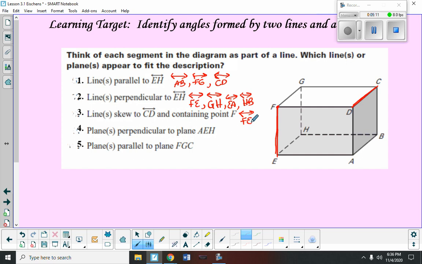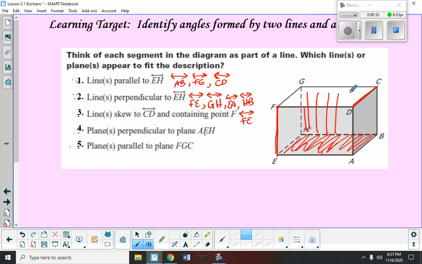Next, we have planes that are perpendicular to plane AEH. Okay, so first when you do this, identify where's plane AEH. AEH, that would be the bottom of the box. That contains all three of those points. So a plane that would be perpendicular would be like the back of the box.